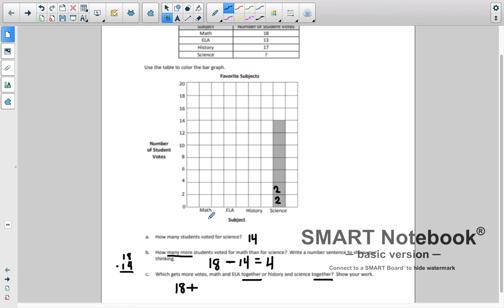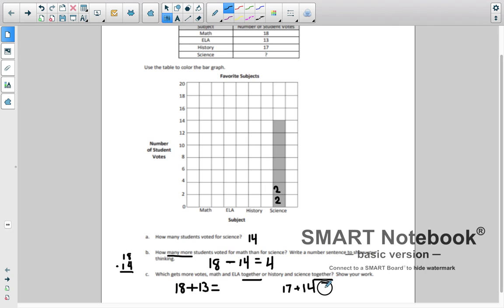So 18 plus, let's look at how many votes there were for ELA. That's 13. That's for math and ELA. And then they also want to find out how many votes there were for history and science. So I'm going back to my table. I see that there are 17 for history. And they want to find out how much there is for science. We figured out science. That's 14.